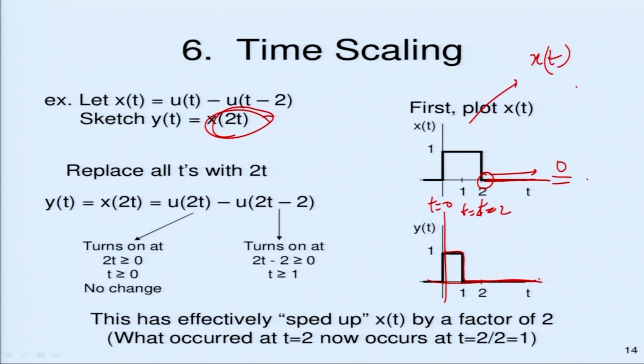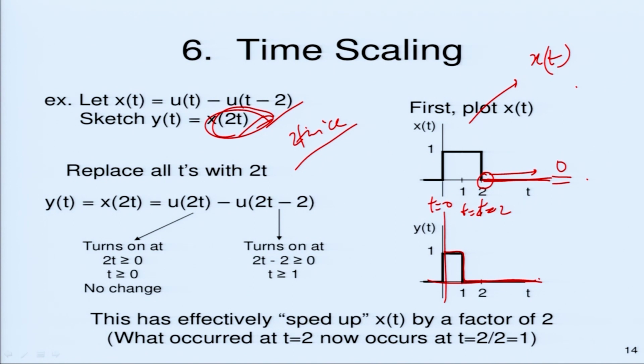Now if we want to speed up the signal by twice, we multiply by 2. So the signal which was getting 0 from t equal to 2 has now become 0 after t equal to 1. That means whatever was happening at t equal to 2 seconds has now happened at t equal to 1 second. This is basically what we call speeding up.